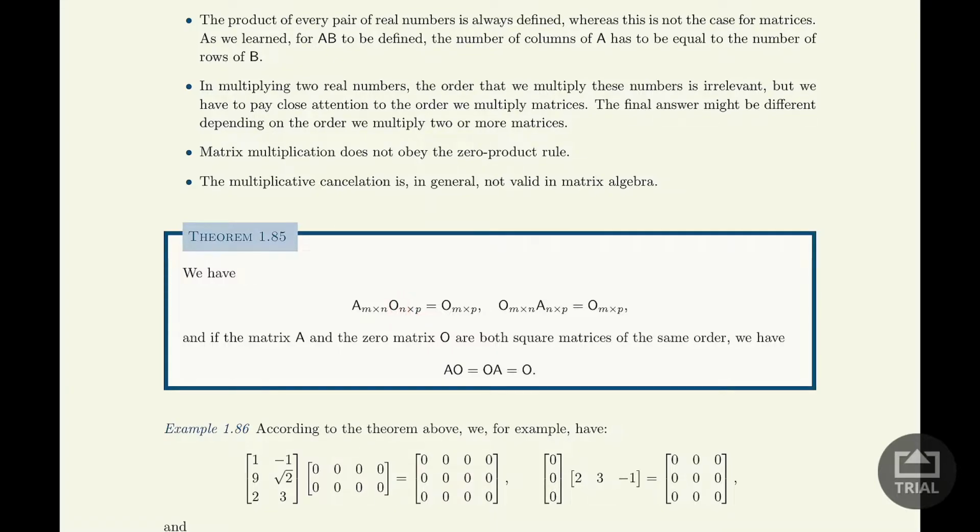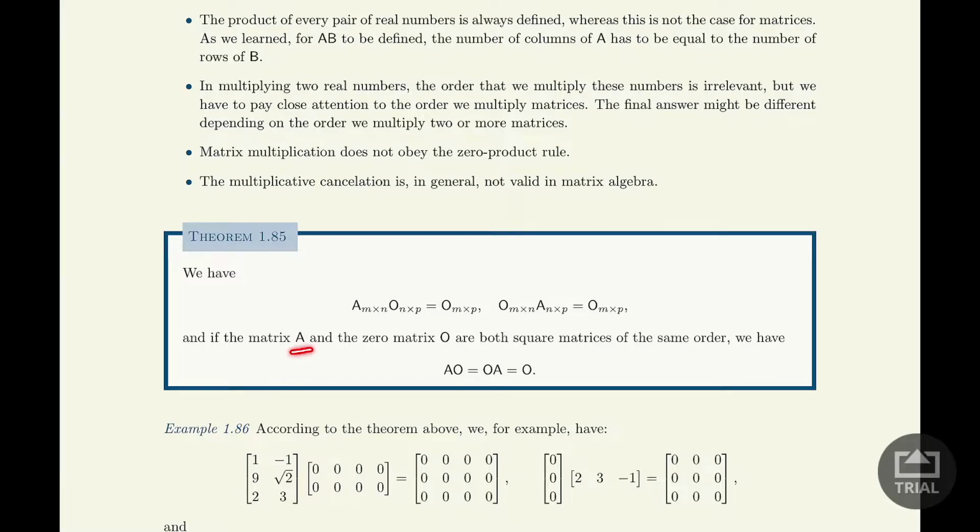Then the answer will be a zero matrix of order n by p. And if you want to multiply it from the other side, the zero matrix should contain exactly n columns, as the number of rows of this matrix, but still the answer is again a zero matrix, n by p.